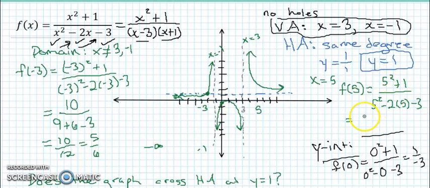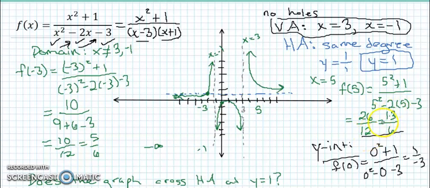So that'll be 25 plus 1, 26, over 25 minus 10, so that'd be 15, minus 3, that's 12. I could simplify that, divide top and bottom by 2, that'd be 13 over 6, right?